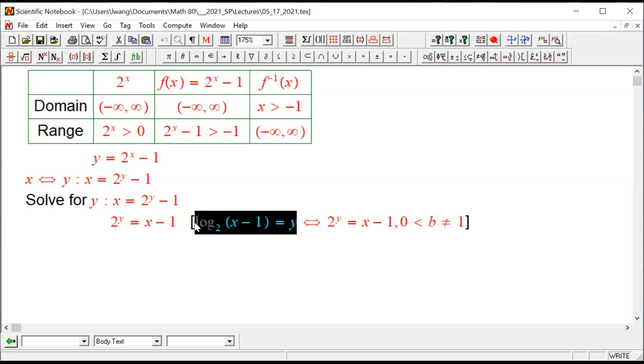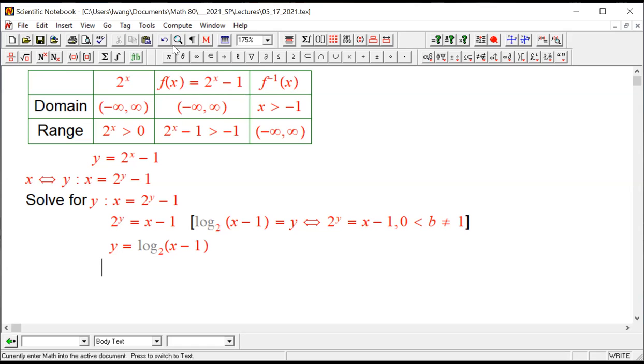We have solved for y. I simply apply the definition. So now we get y equals log base 2 of x minus 1. And that's our inverse function. F inverse of x is equal to this.